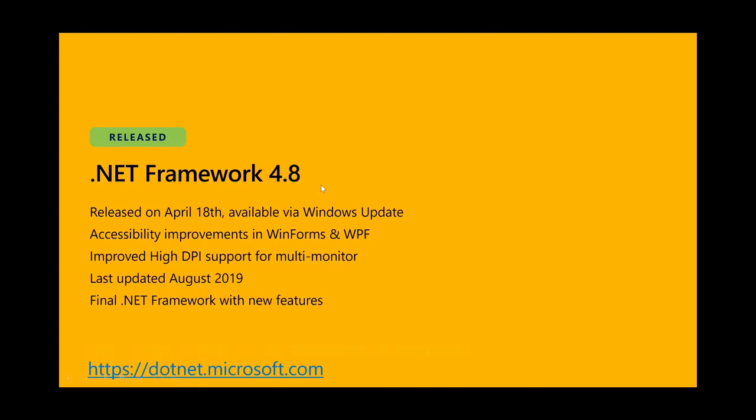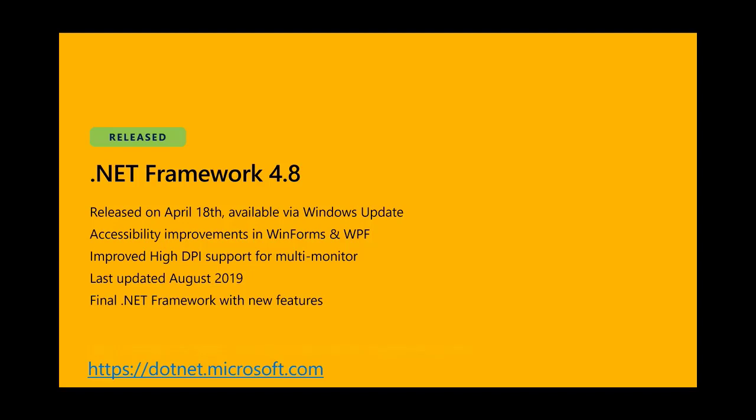So .NET Framework 4.8 was released almost a year ago now, and it's available through Windows Update. This includes accessibility improvements in WinForms and WPF, high DPI support, and it was last updated just this last summer. The important thing to know about .NET 4.8 is that it's the last .NET Framework that will have new features.